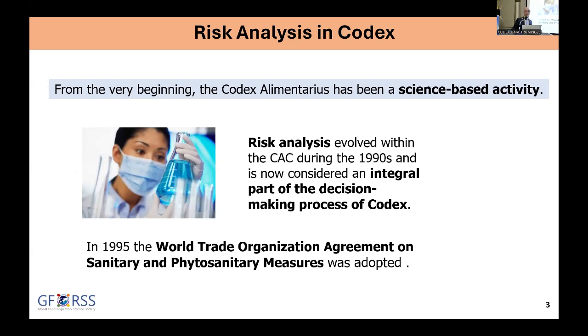Now, when you look at Codex texts, you will find that food risk analysis was included, as I mentioned, in Codex text in 1995 with the adoption of the first text that identifies the fact that food risk analysis is the basis for the decision-making process when it comes to food safety and nutrition.